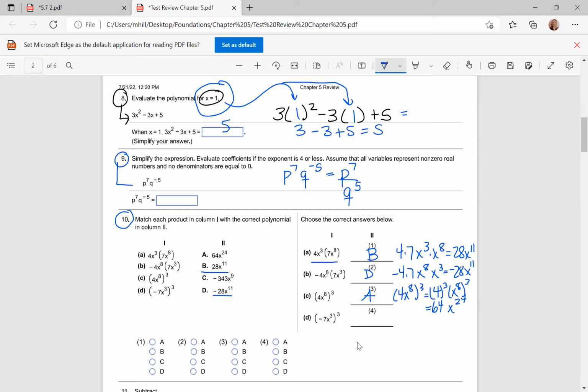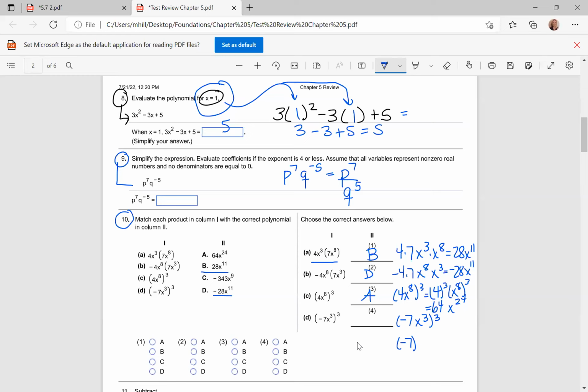Okay, this is similar. We've got -7x to the 3rd, to the 3rd. Now, this negative is a little bit tricky on this one.